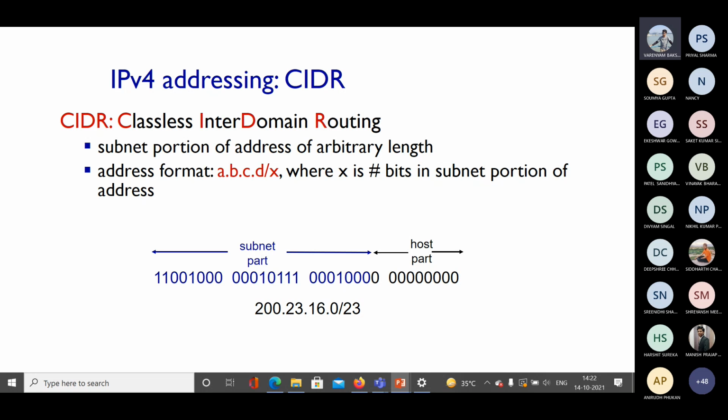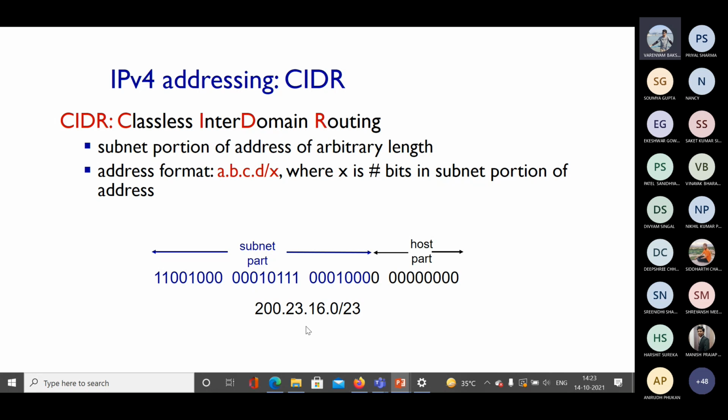So CIDR, or classless interdomain routing, is the way of addressing or categorizing IP addresses, where the network part that we were calling in the previous slides, we call it the subnet part, which defines the subnet, and the host part defines the different hosts associated.